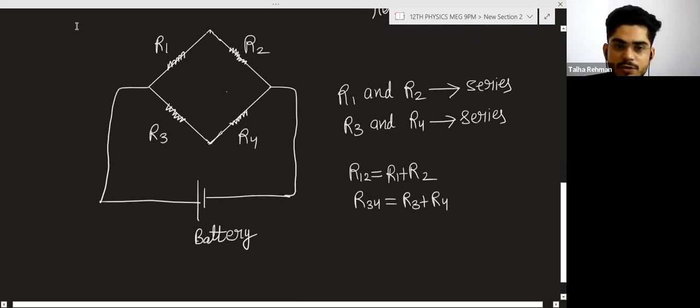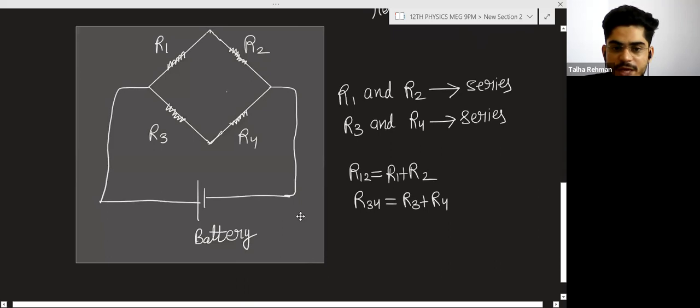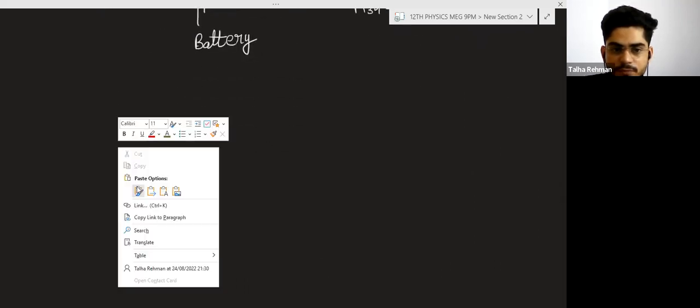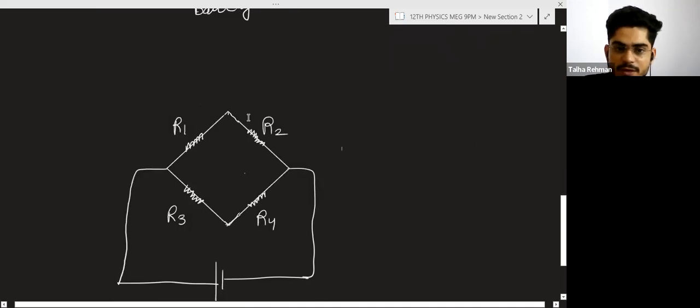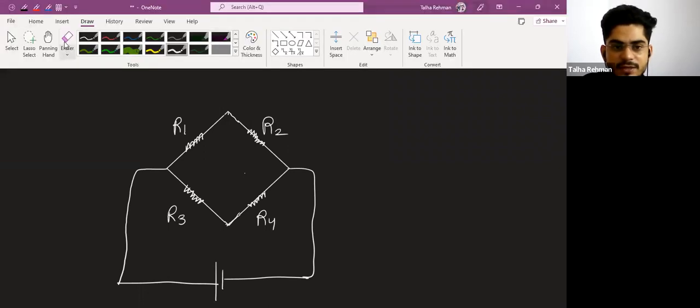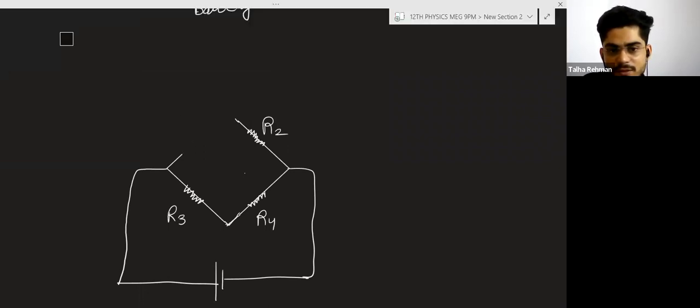And what we will do now, we will remove the above resistances, and instead of this R1 and R2, we can just connect a single resistance of R12 ohm.